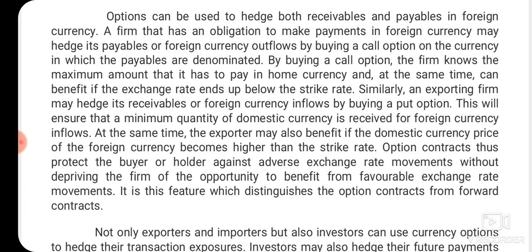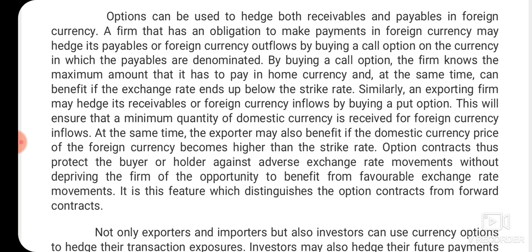Options are used to hedge both receivables and payables in foreign currency. A firm that has an obligation to make payments in foreign currency may hedge its payables, or foreign currency outflows, by buying a call option on the currency in which payables are denominated. By buying a call option, the firm knows the maximum amount it has to pay in home currency.